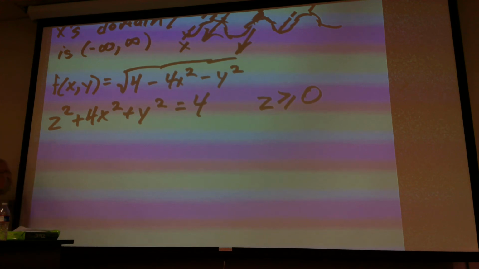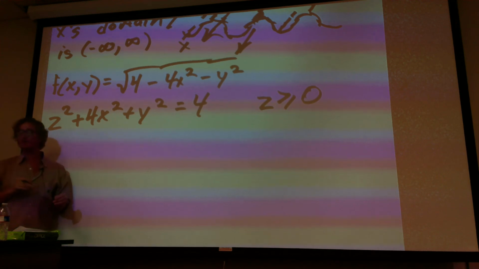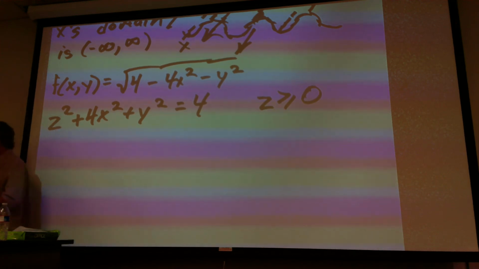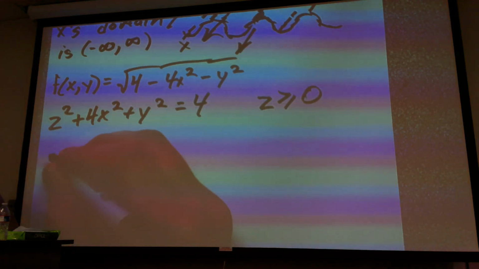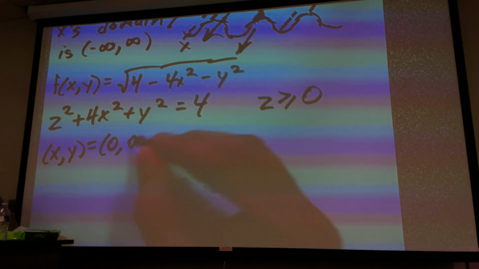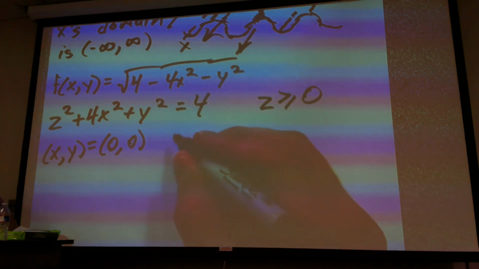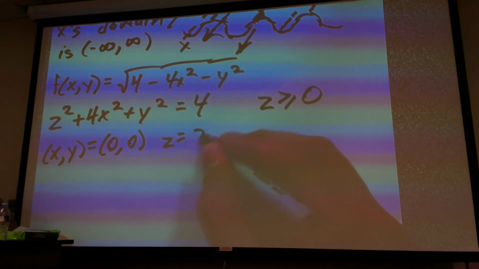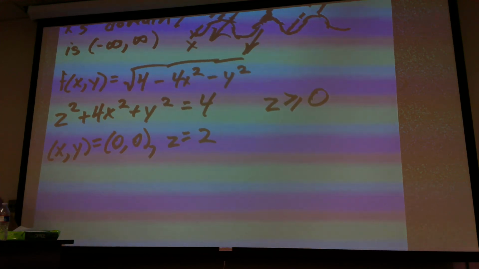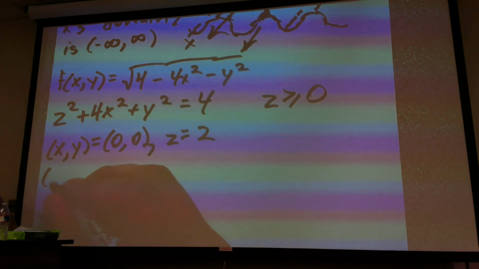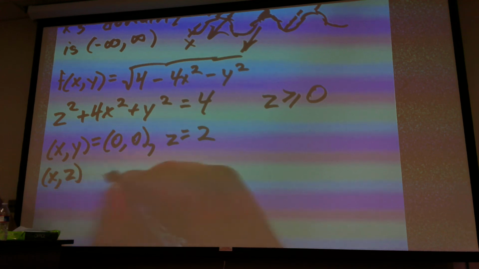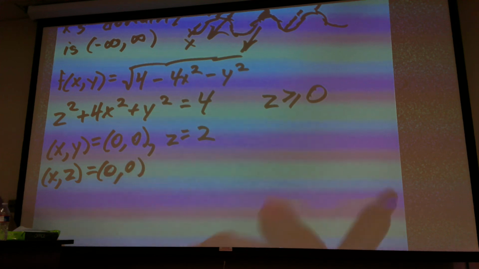Okay? So, once again, let's try sampling points that exist on the different axes. So, if I said x comma y equal to 0 comma 0, what would that mean? That would mean that z has to equal 2. Okay. Let's say I said x comma z would equal 0 comma 0.